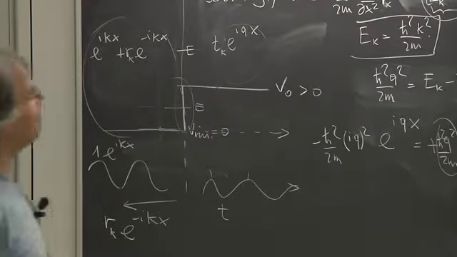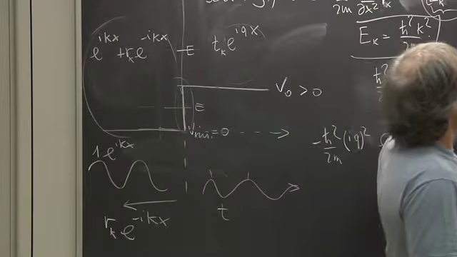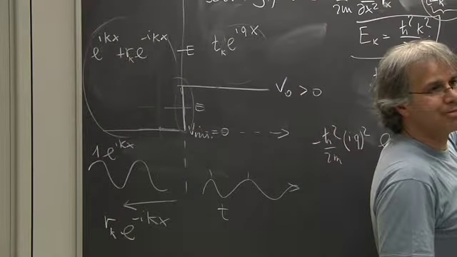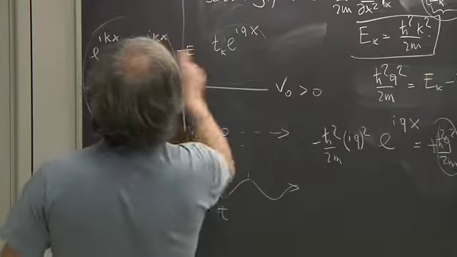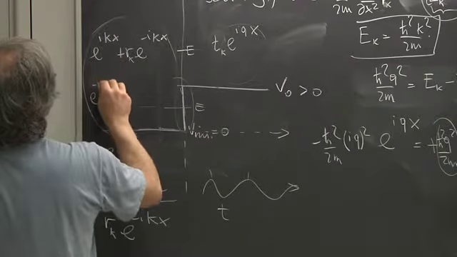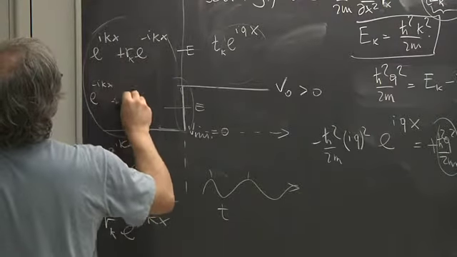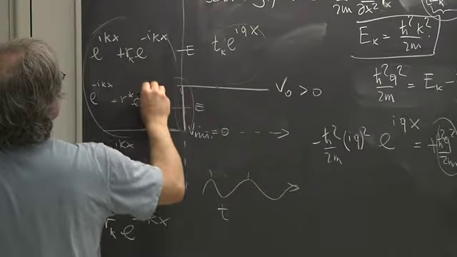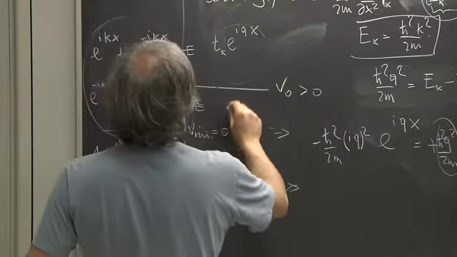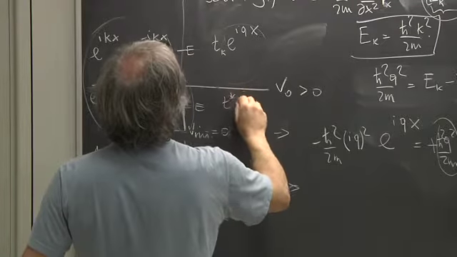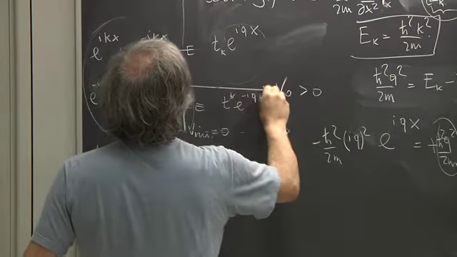Now, by the theorem I told you before, the star of this is also a solution. But you see that the star of this thing is e to the minus ikx plus r star e to the ikx. And the star of this is obviously T star e to the minus iqx.